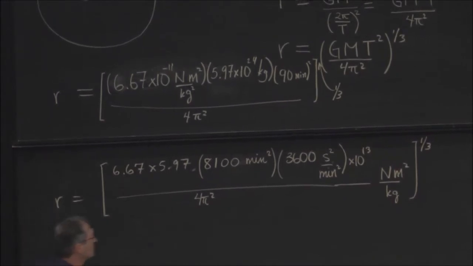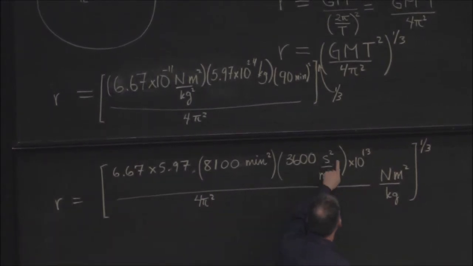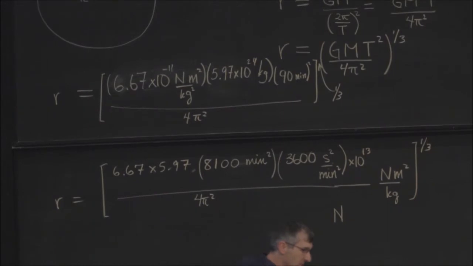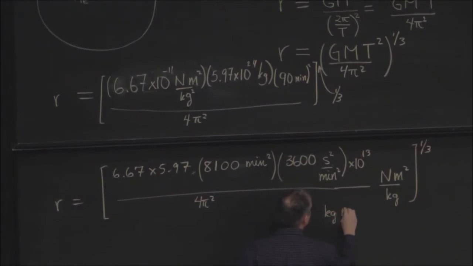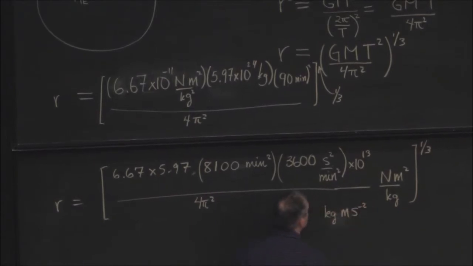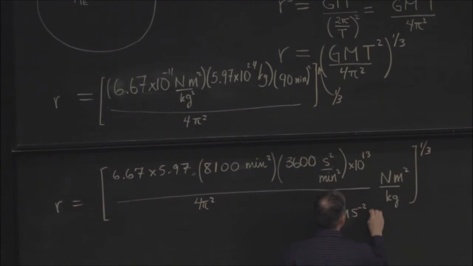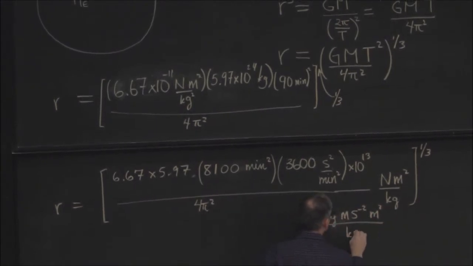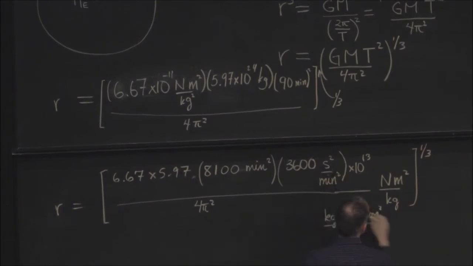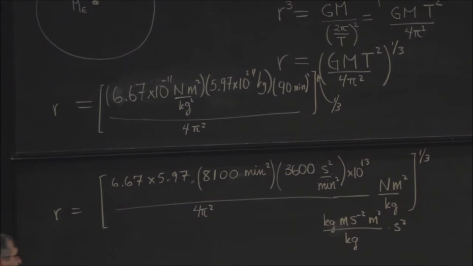Okay, so let me make sure I've got units that are going to work out. So I will have Newton. What's a Newton? Kilogram meter per second squared. Okay, so we'll write that in. Kilogram meter per second squared times meters squared over kilograms times seconds squared. Okay, so the seconds go out. Oh, that's nice.